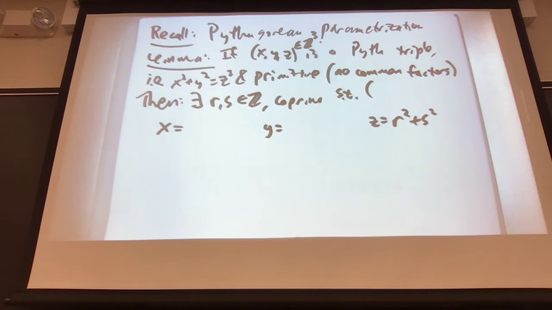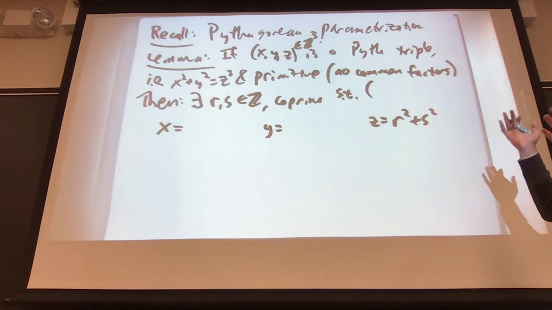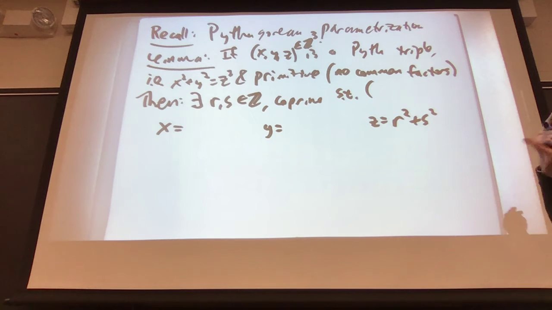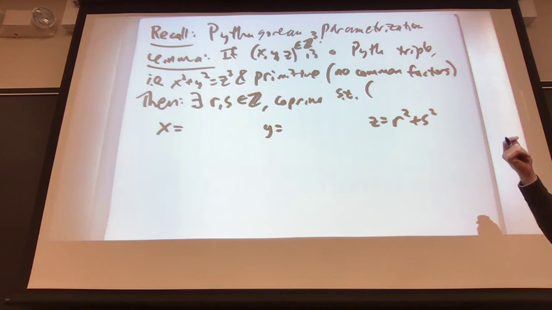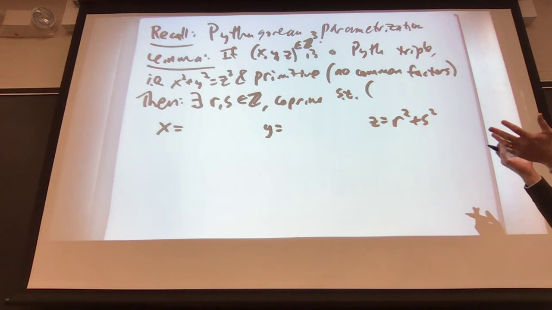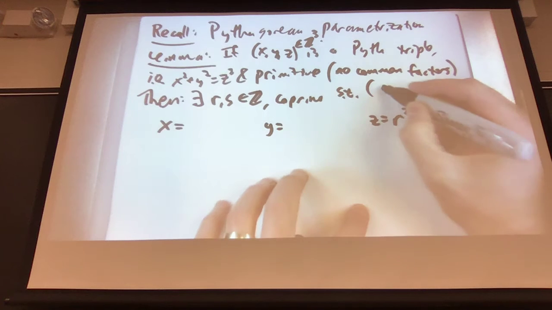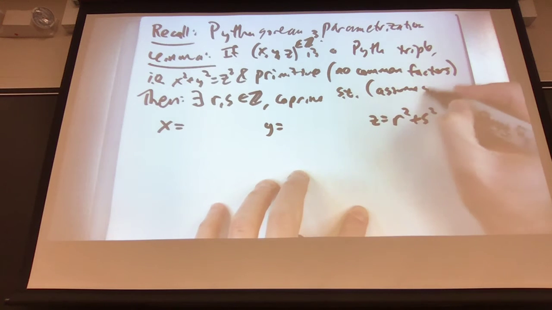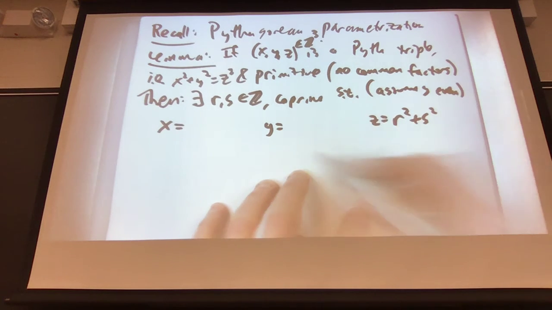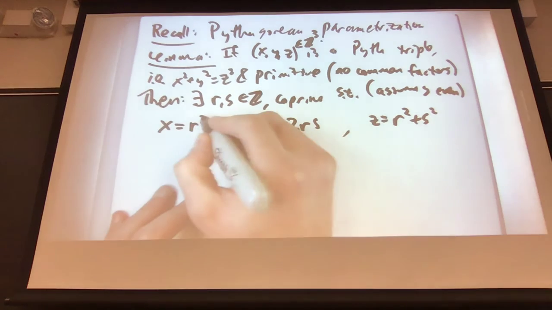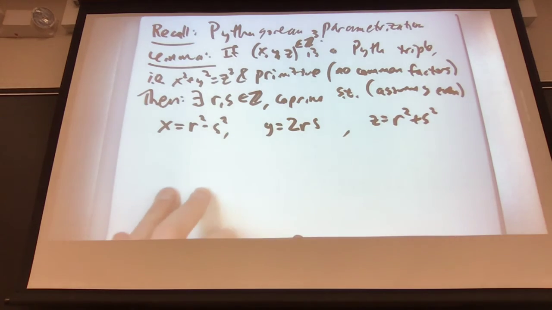Now, I'm going to put a 2 somewhere, and they're coprime. We're going to see in a second that one of x or y has to be even. And by symmetry, I don't know which one. So let's say y is the even one. So assume y is even. Then this will be 2rs, and this will be r squared minus s squared.